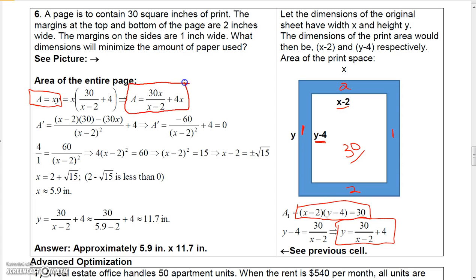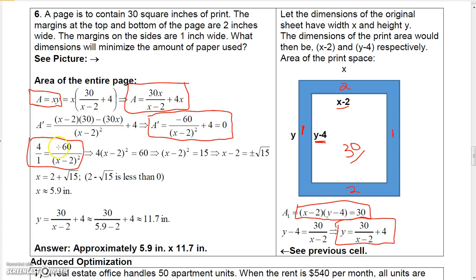Well, I'm going to go ahead and take the derivative of this. I use the quotient rule on the first term, and of course the derivative of 4x is just 4. So this is the derivative that I got. Then you set that derivative equal to 0, and you can move this term over to the other side since it's a negative, and you'll get a positive. And so I get this.